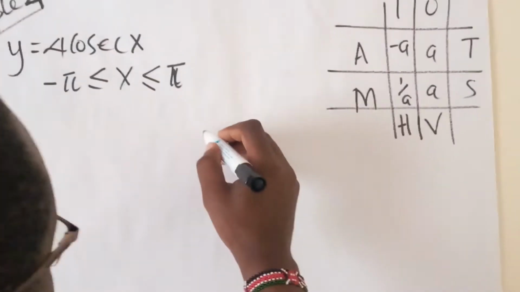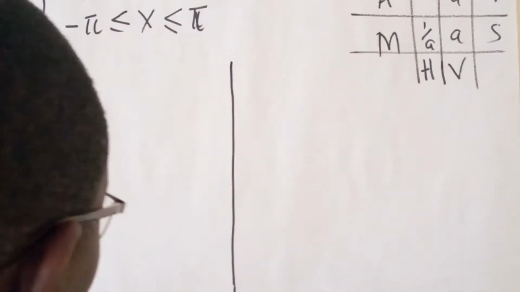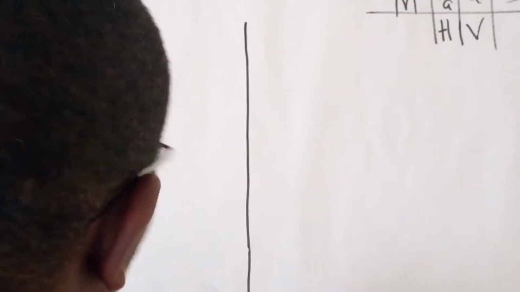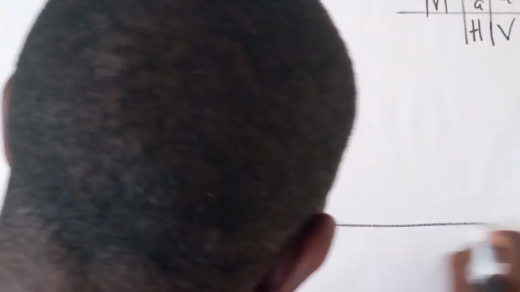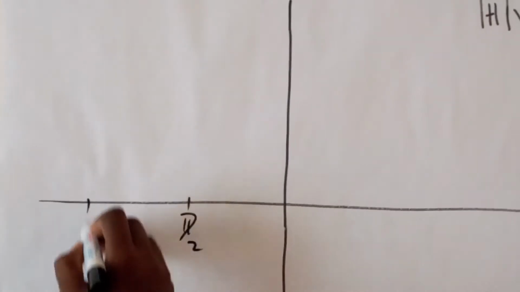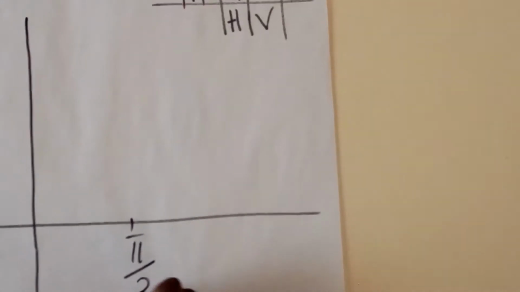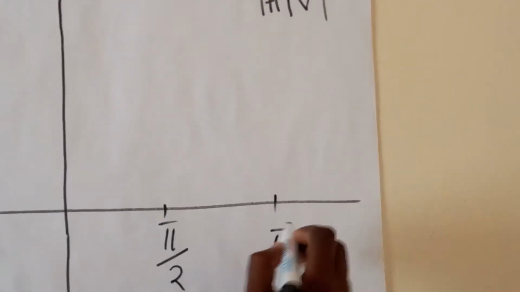So if we have something like this, and this is simply a sketch, assuming that we have pi over 2 and we have pi there. This is the negative side. And we happen to have pi over 2, 90 degrees, and pi there.